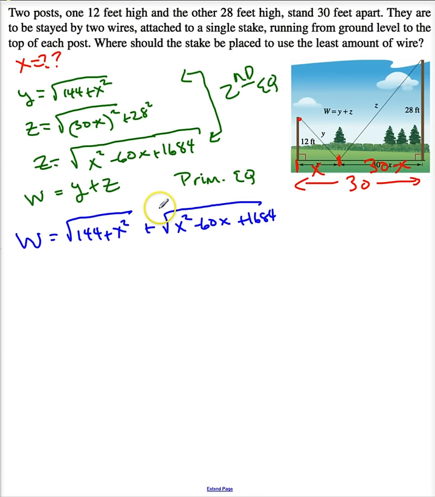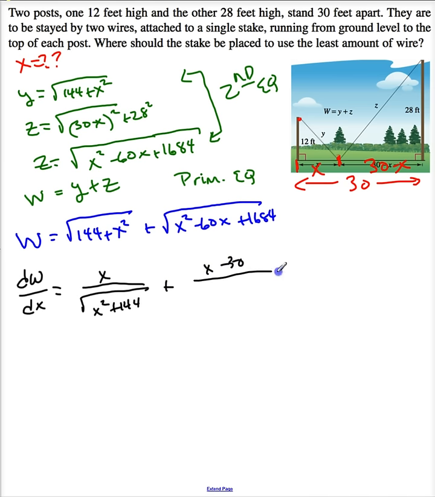All right. Now the next thing I need to do is solve this. And by solving it means I need to take the derivative of w with respect to x. And this is a little ugly, I know that. So this is x. I'm going to simplify it. Divided by the square root of x squared plus 144, plus x minus 30 divided by the square root of x squared minus 60x plus 1684.